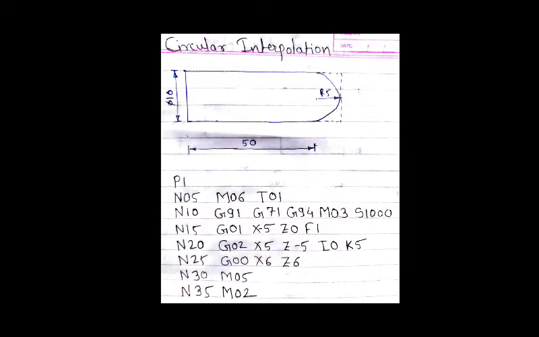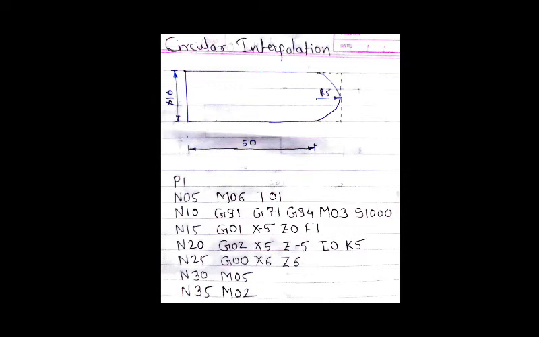For example, if after N10 we want to do some operation, then for the new block we can give the number N11, N12, N13 or N14. Out of these we can give any number. The machine executes sequence number wise, so after N10 it will take the new block N11, then N15. For that purpose the gap is maintained: N05, N10, N15, N20, N25.